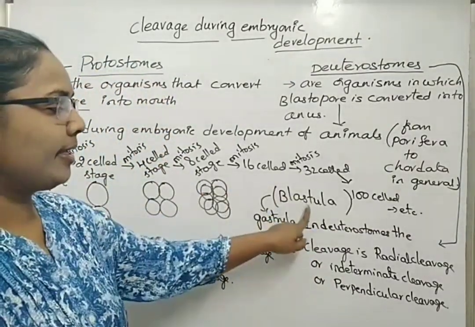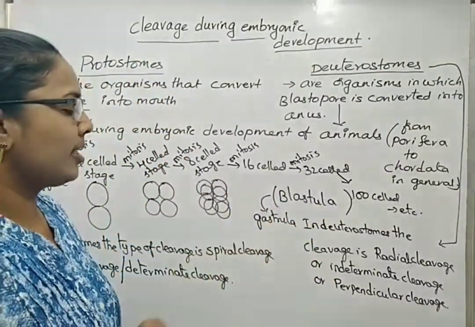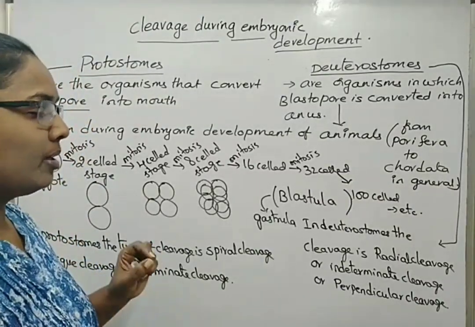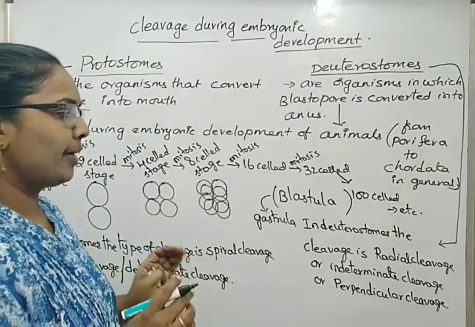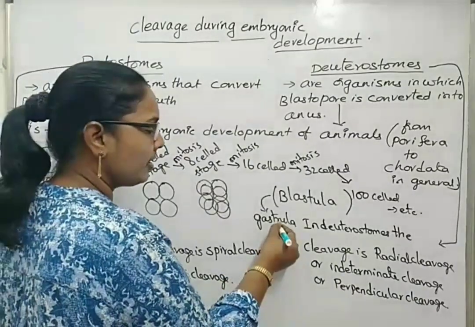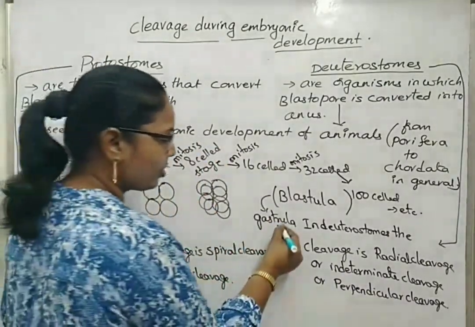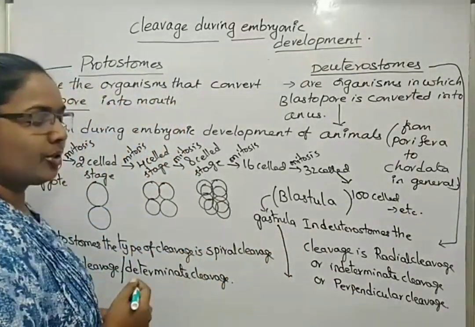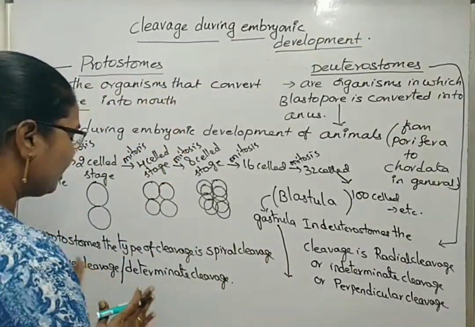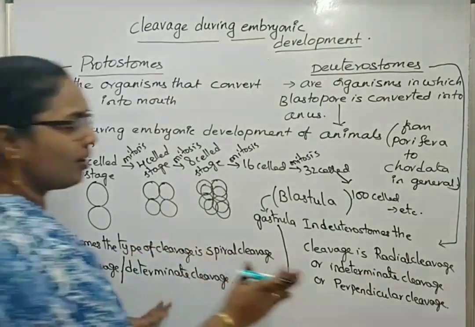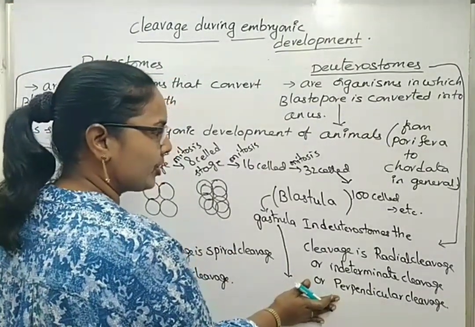Blastula, B-L-A-S-T-U-L-A. Next stage will be gastrula. Now, there will be some shape to the organism. In this stage, it shows one of the labeling like blastopore. So how the diagrammatic representation of a blastopore is going to be seen in case of protostomes and how it is going to be seen in case of deuterostomes.